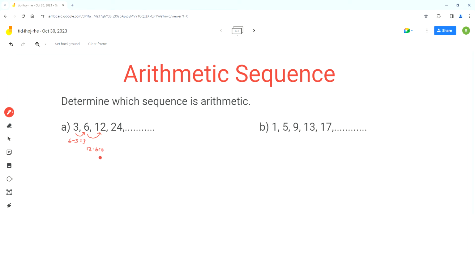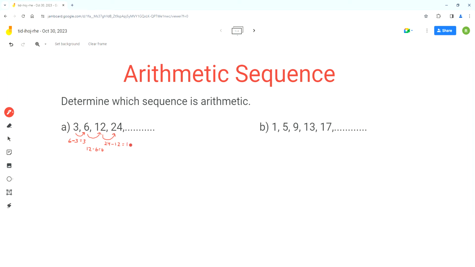In this case, the differences are not the same between the first and the second term and the second and the third term. Now we can also do this calculation for the third and the fourth terms. To calculate the difference between them, we'll do 24 minus 12, which is equal to 12.